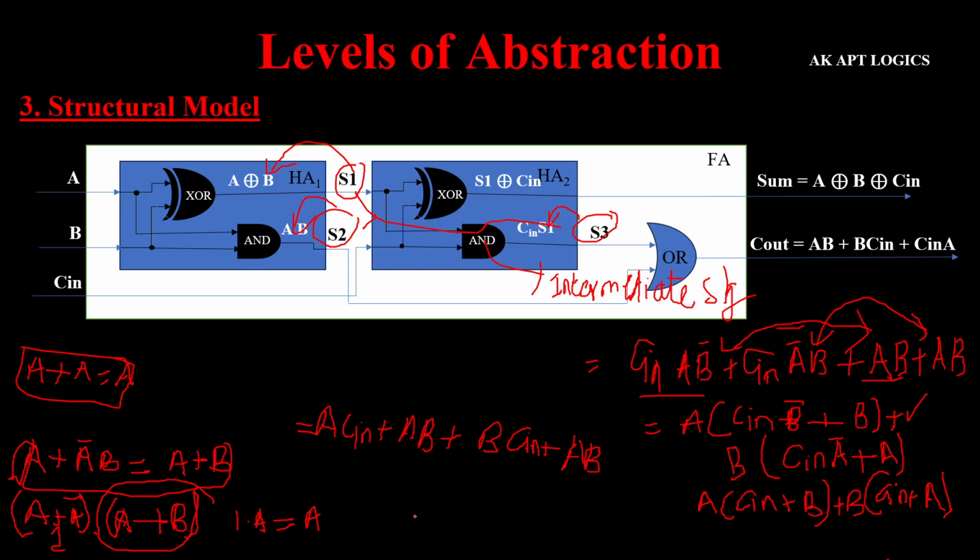AB plus AB will be AB, right? Because A plus A will always be A, right? Then BC in plus AC in.